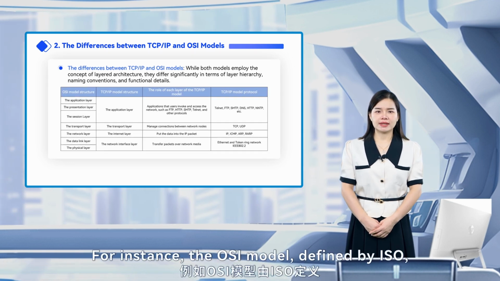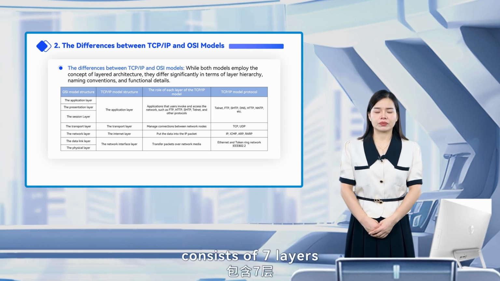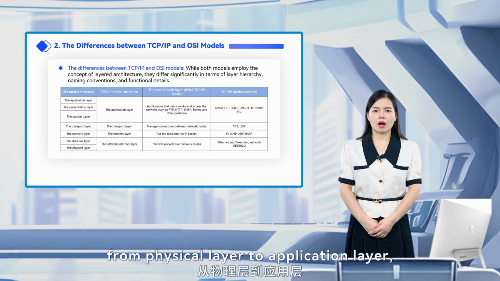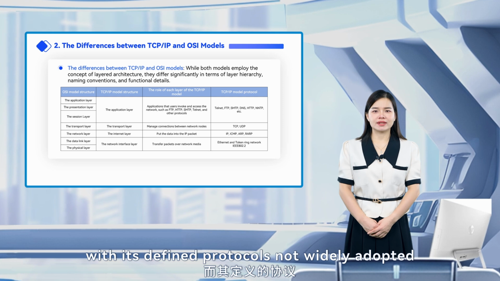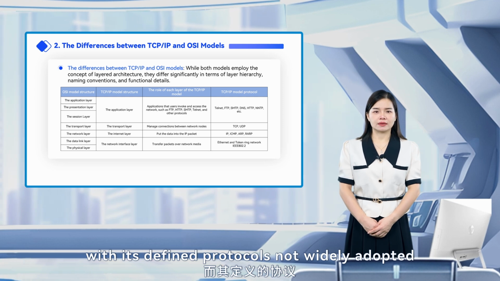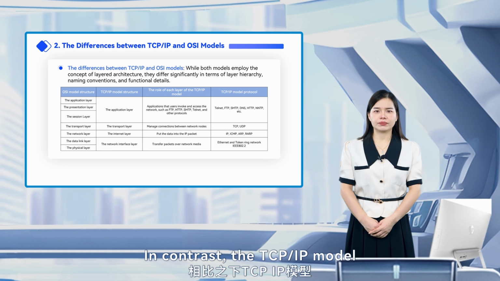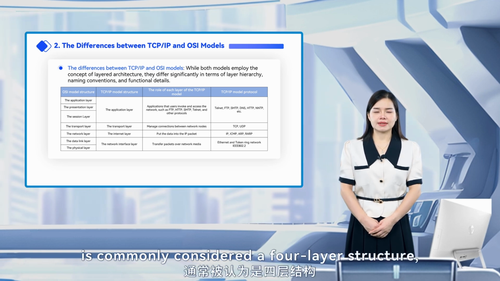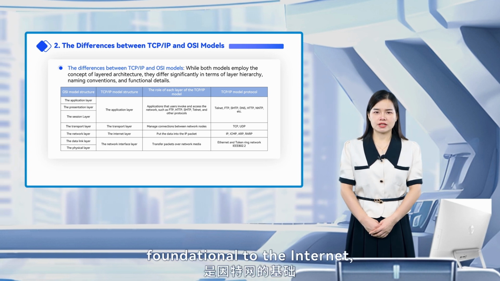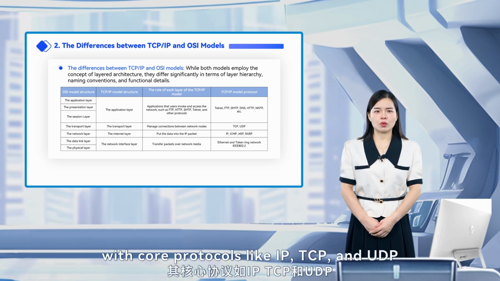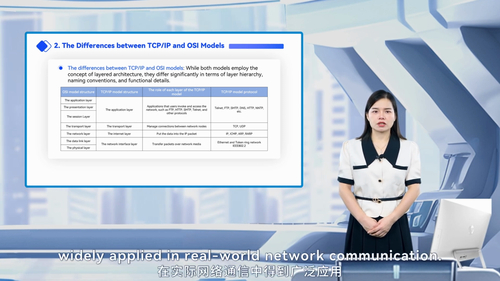For instance, the OSI model, defined by ISO, consists of 7 layers from physical layer to application layer, primarily used for teaching and theoretical analysis, with its defined protocols not widely adopted in practical applications. In contrast, the TCP/IP model is commonly considered a 4-layer structure, foundational to the Internet, with core protocols like IP, TCP, and UDP widely applied in real-world network communication.